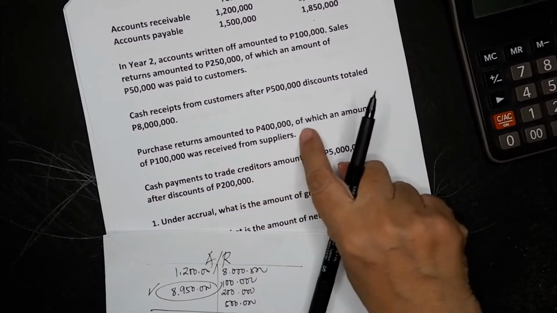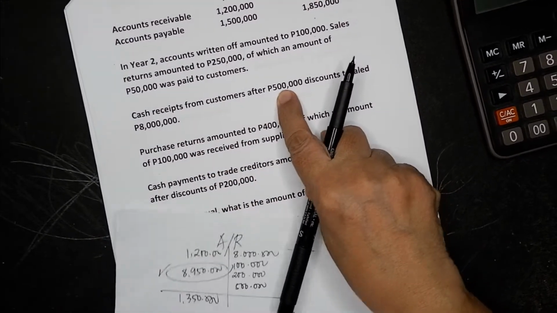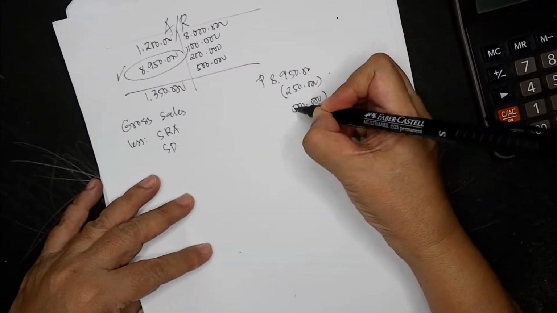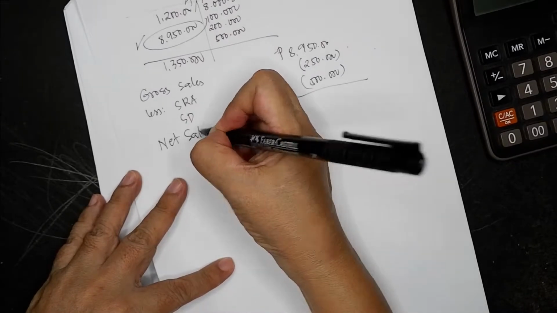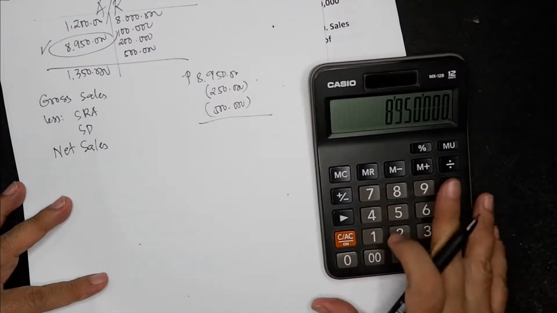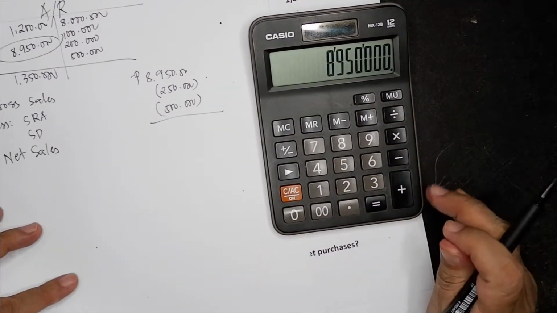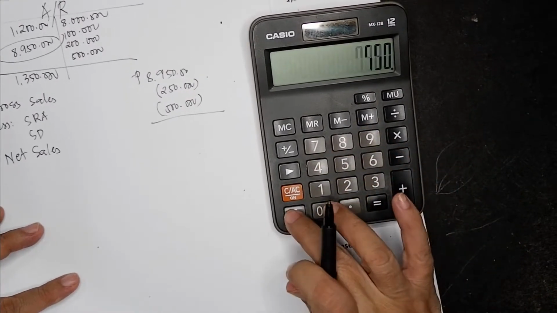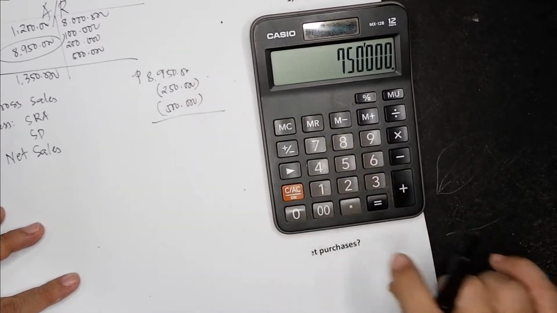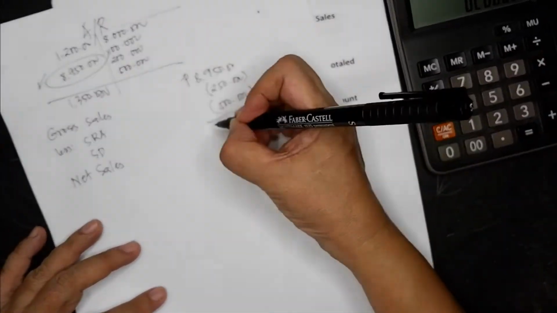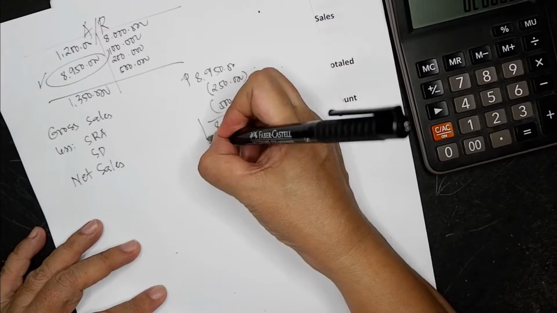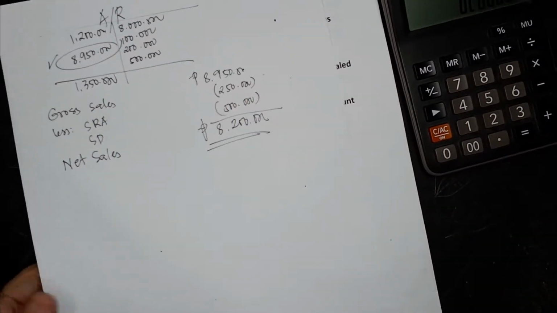How much is the sales discount? That is 500,000. So how much is net sales? That is 8,950,000 minus 750,000, that is 500 and 250. So 750, that is 8,200,000. So net sales is 8,200,000.